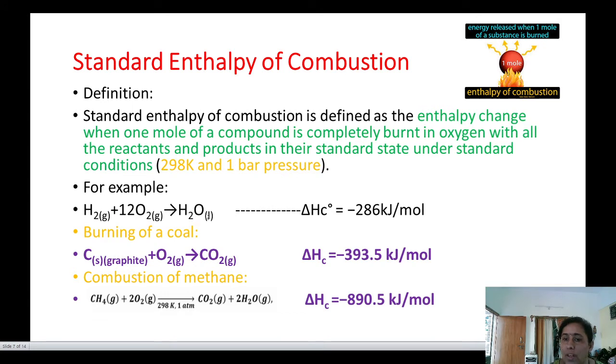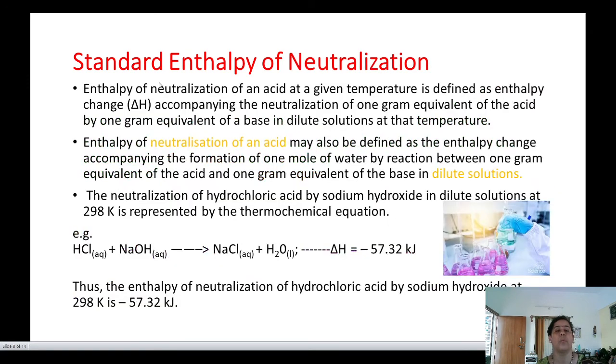The standard heat of combustion is minus 286 kilojoule per mole. The second example is burning of coal, C plus O2 giving CO2. The standard heat of combustion is minus 393.5 kilojoule per mole. The third example is combustion of methane, burning CH4 in oxygen to give CO2 and water. The standard heat of combustion is minus 890.5 kilojoule per mole.